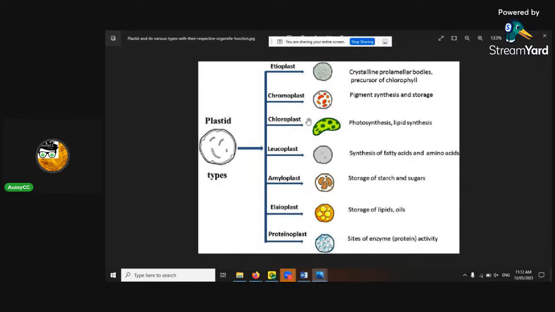So you all know chlorophyll, which gets stored in a chloroplast. So these are just other plastids. This is a common one, a starch, the amyloplast, which is the storage of sugars and starch itself. But yeah, just to touch, that's where, and the other places where the plant will store different elements and molecules.